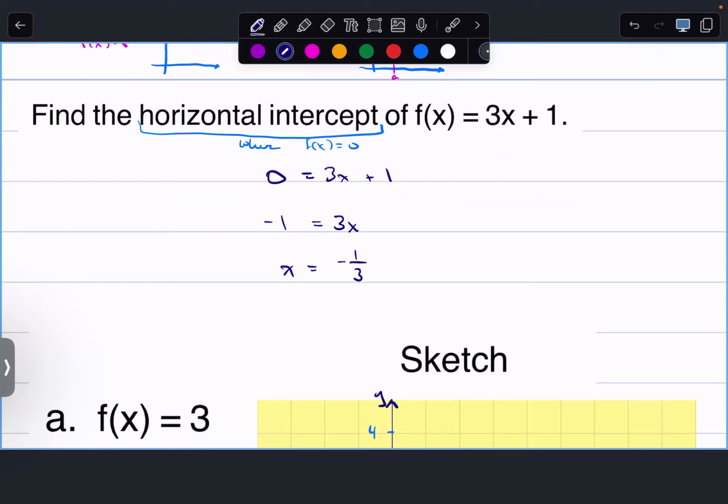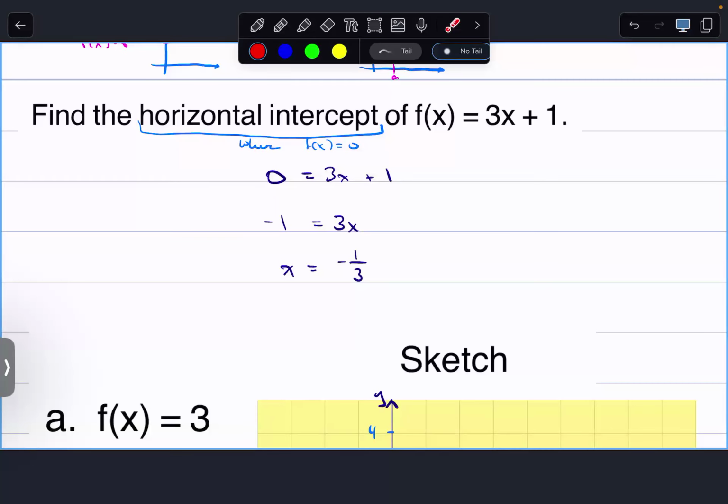Again, doing some sneaky maneuvers, but I think we're getting used to it. Maybe. Sneaky maneuver number 1: just subtract 1 from both sides. Don't even do 0 minus 1, just go for it. Then I'm left with 3x on the right-hand side, which, if I'm trying to solve for x, I divide both sides by 3, and then I do a little revolving door here.